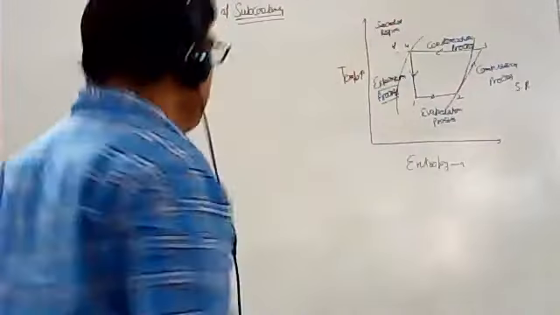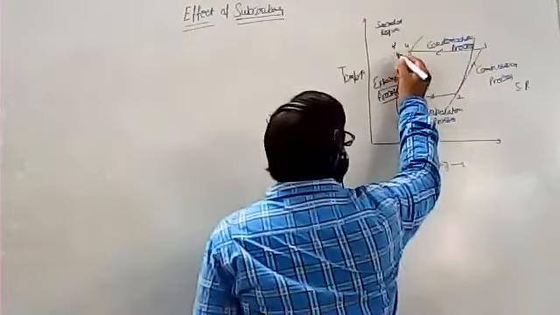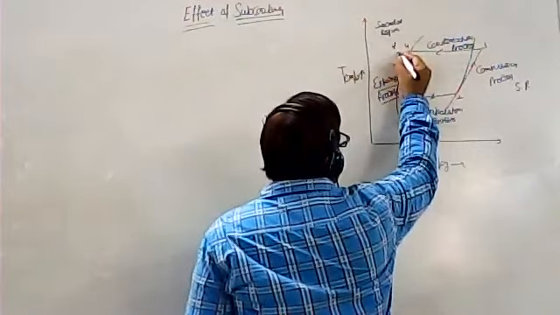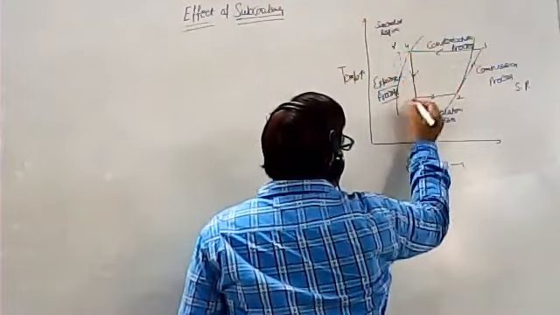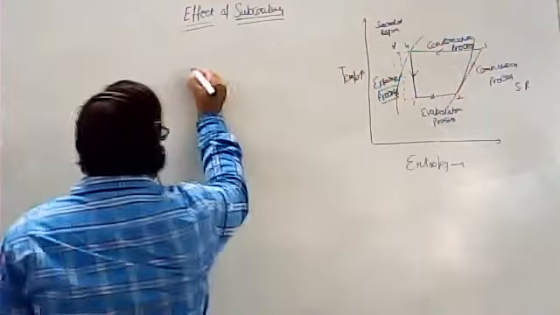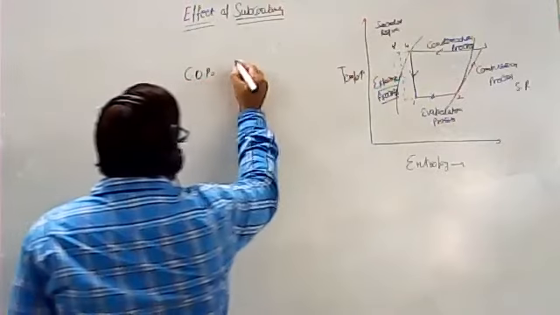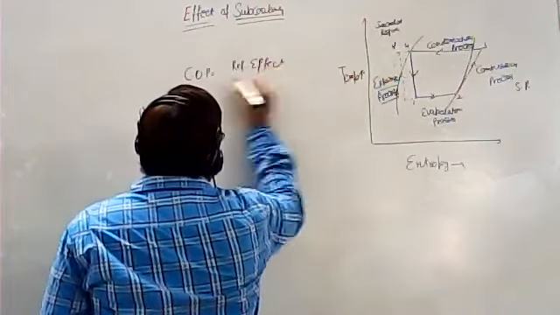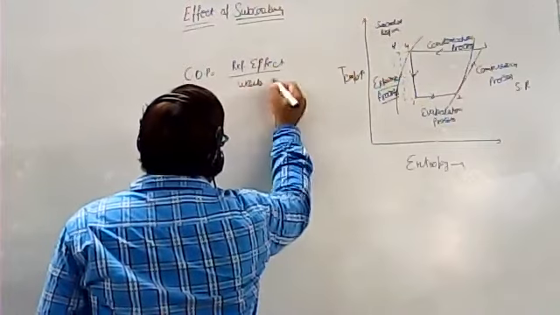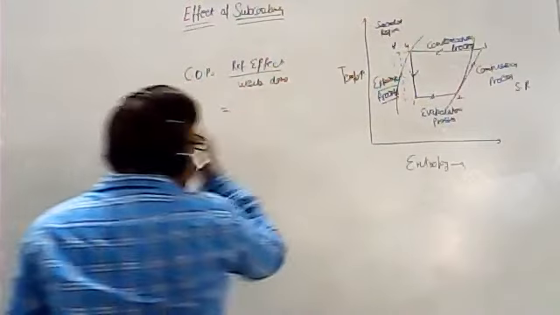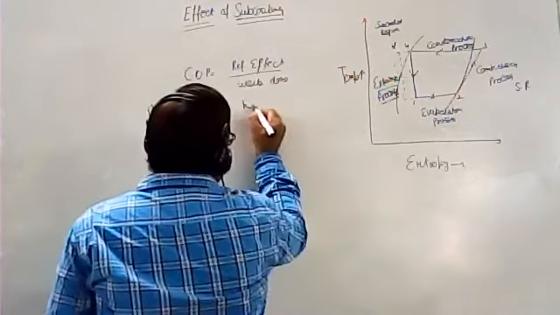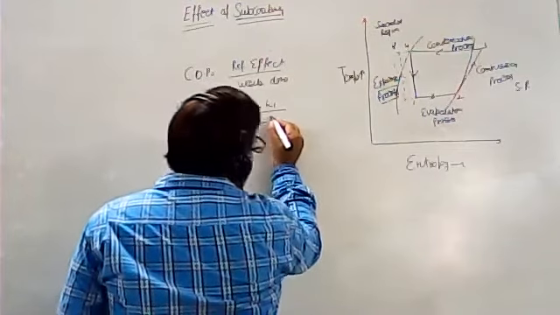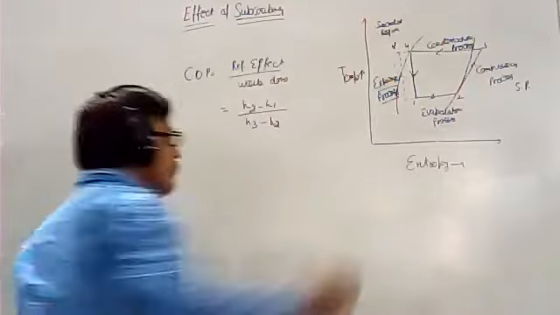So look at here. If I subcool it, then first the COP was the refrigeration effect divided by the work done by the compressor. First the refrigeration effect was H2 minus H1 and the work done by the compressor H3 minus H2.